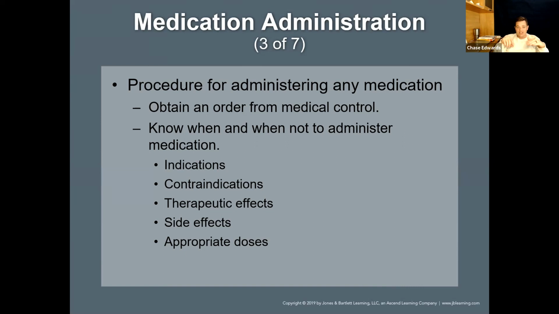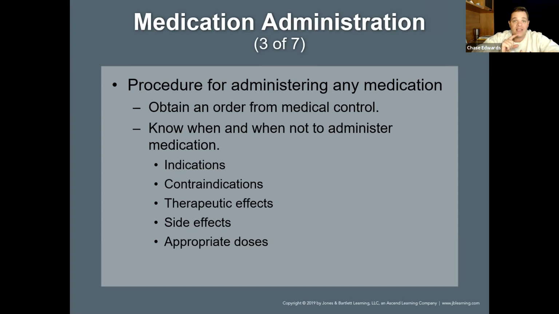And when you're communicating with medical control about administering a particular medication, make sure that the medication is indicated for the patient's condition. The knowledge of each medication that you carry in your ambulance is critical to safe patient care. So you need to know the indications, contraindications, therapeutic effects, side effects, and appropriate doses. Okay? So let me repeat that.